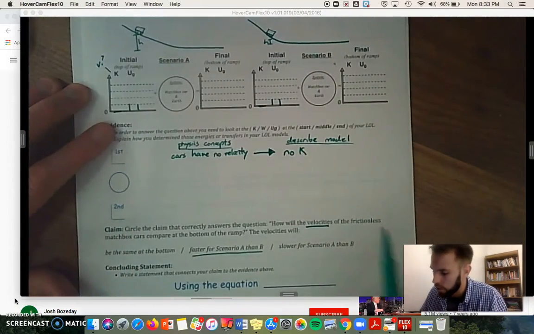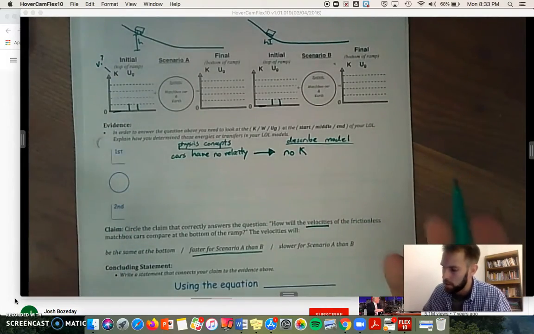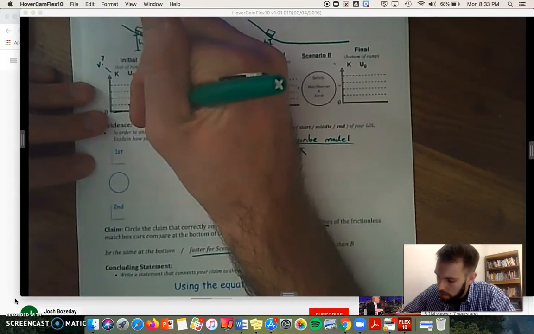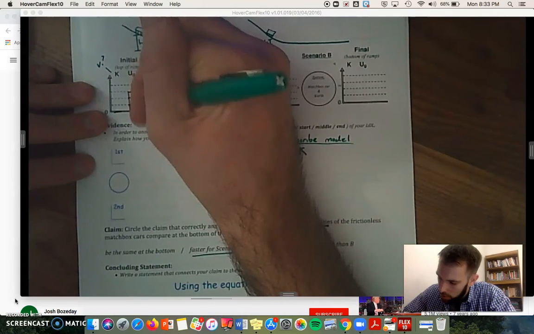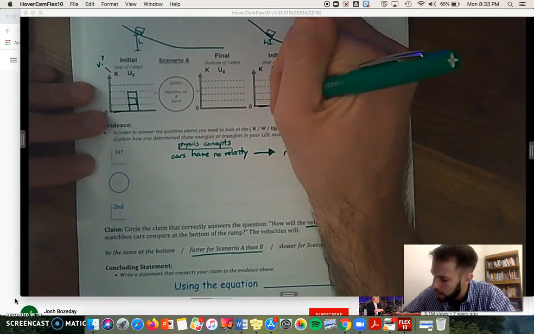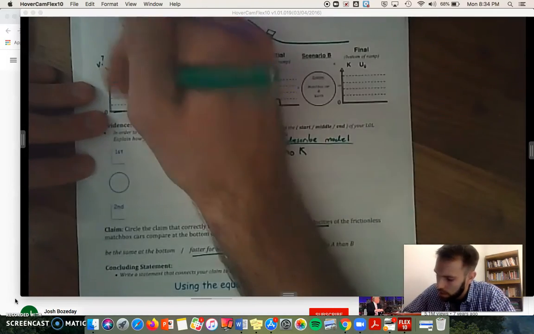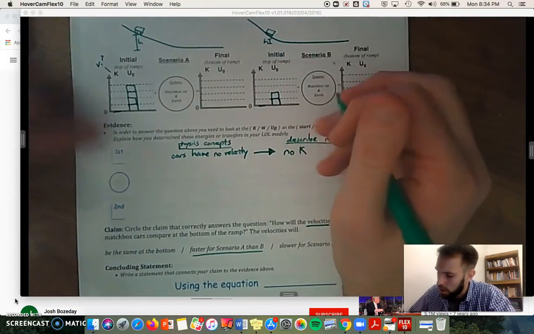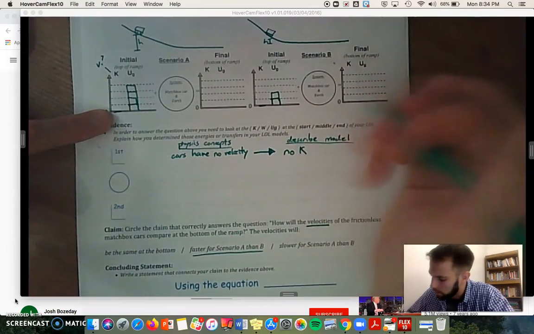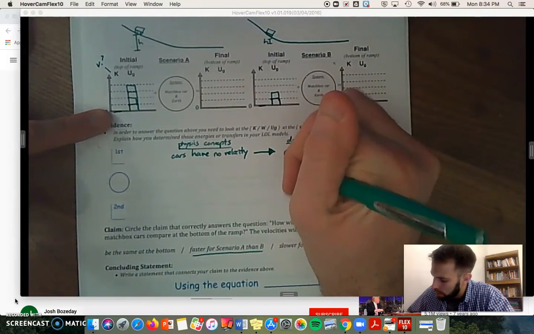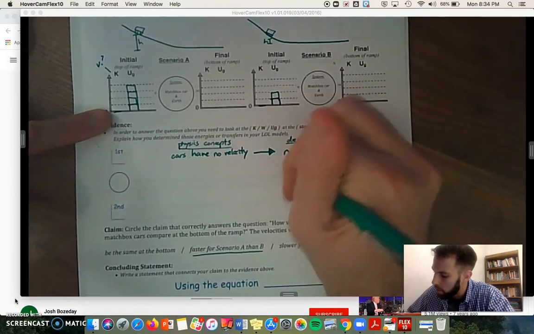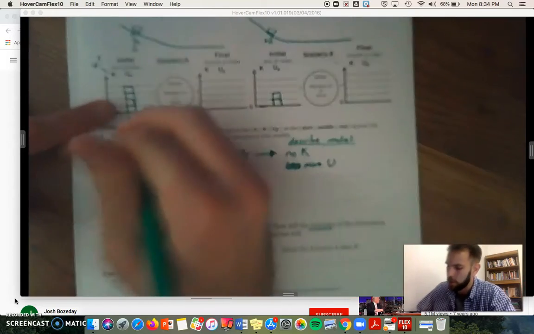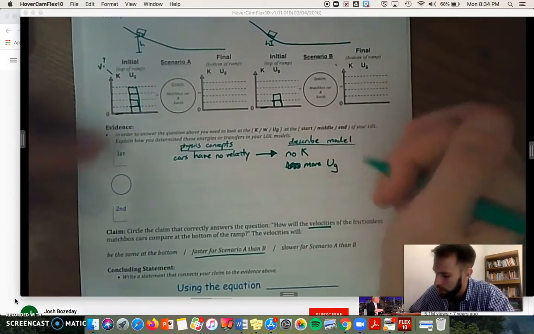And for our potential energy, we know there's height, but specifically it looks like they have different heights. So I'm going to draw maybe 4 energy blocks here, and 2 here. For describing my model, there's more UG.